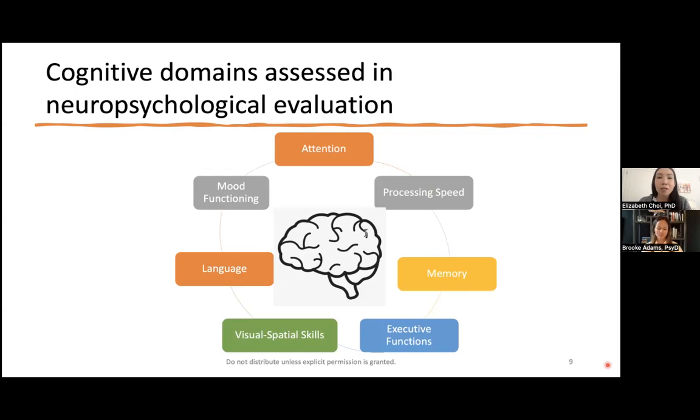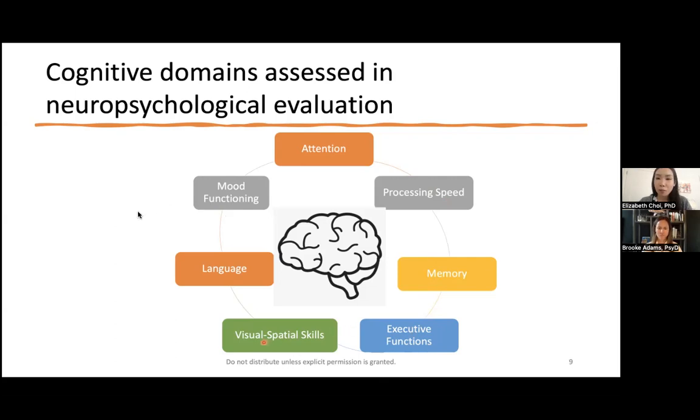So what are some of the domains that we look at? Some of the cognitive domains that are mainly covered in the assessment would include attention, processing speed or thinking speed, memory, executive functions. These are seen as complex thinking skills such as decision-making, planning, mental flexibility and problem solving.